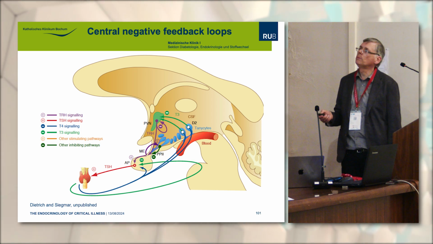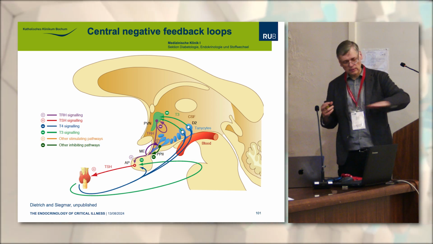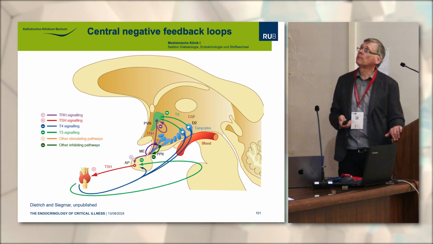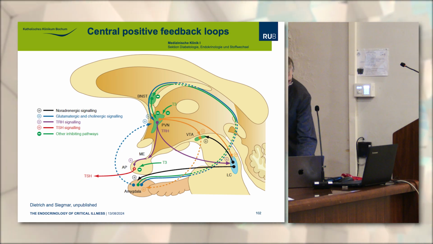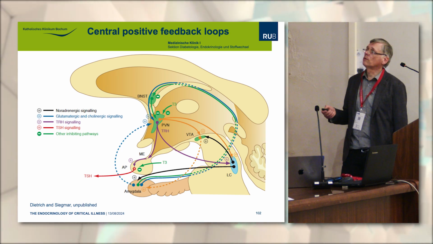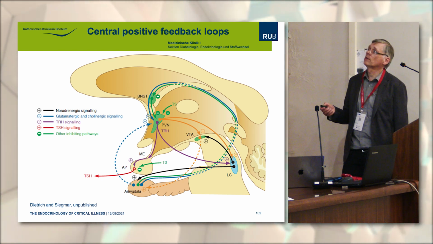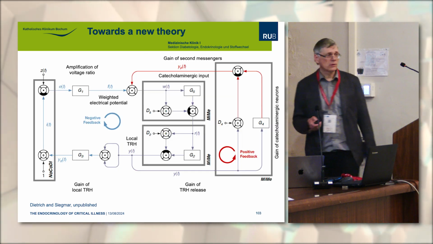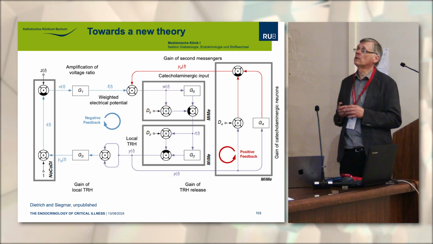So we have short and long feedback loops which inhibit it, so negative feedback loops which tend to attain a constant level. But we have also positive feedback loops in the system. We have also positive feedback loops over the stress system, where TRH stimulates some stress hormones, which again stimulate the secretion of TRH. And this combination, this is our theory, could explain the evolution of pulsatile oscillatory behavior.